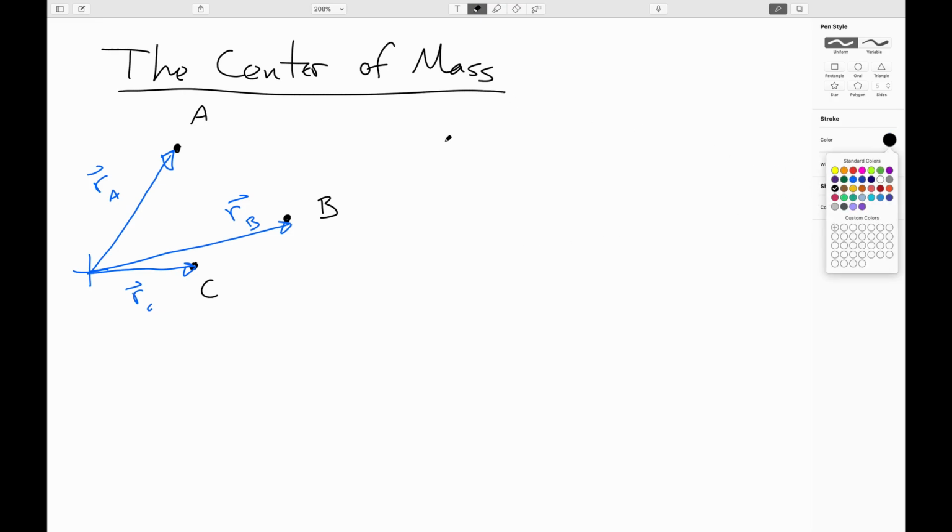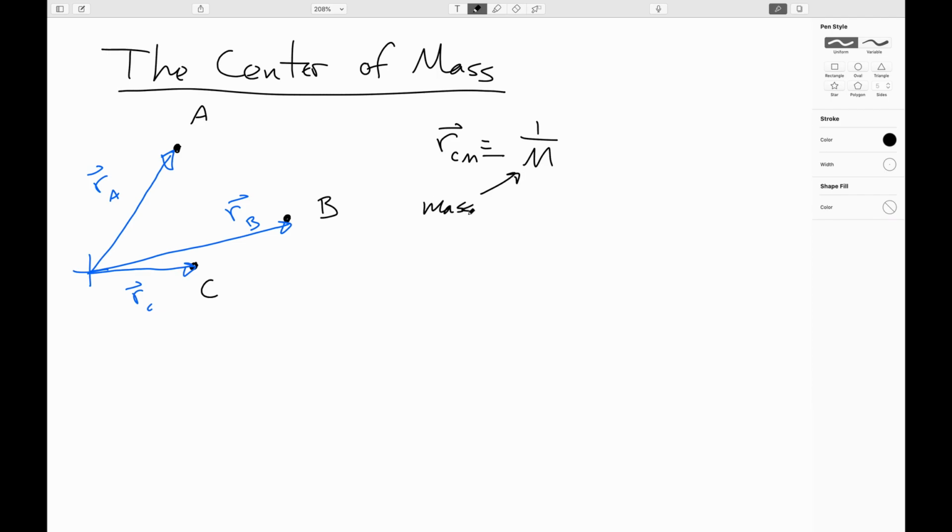The position of the center of mass of this collection of particles, RCM, is defined to be literally the weighted average of the positions. So 1 over big M, which is the mass of the whole thing, the mass of all particles, times the sum over our particles of the product of their mass and their position.